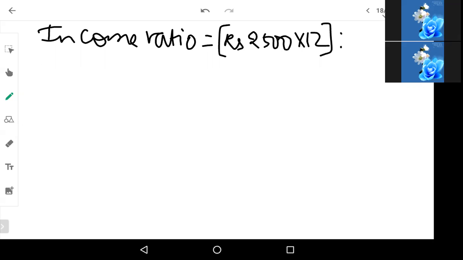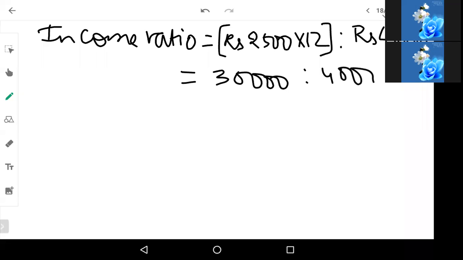Now, B's income from land is rupees 40,000. So A's income is on monthly basis, which we have converted into annual basis, and B's income is 40,000. Now let us multiply. 2,500 into 12 will give us 30,000 is to 40,000.